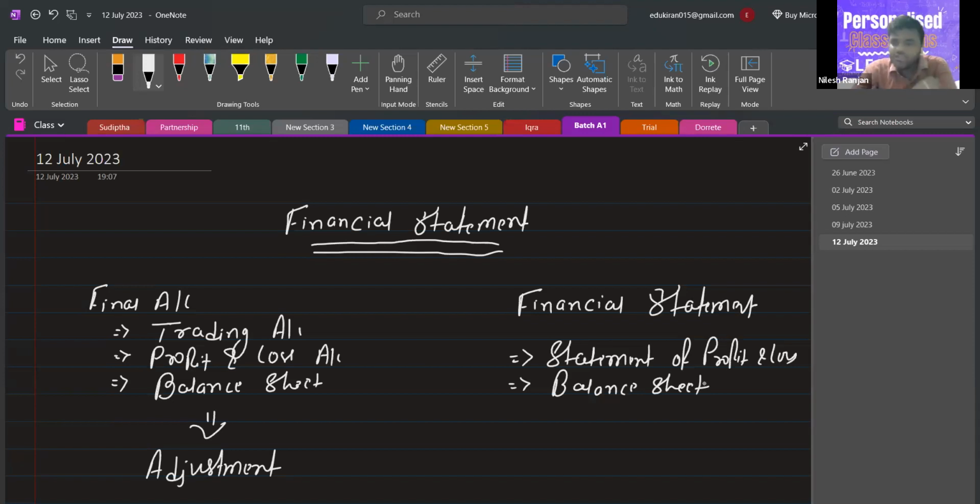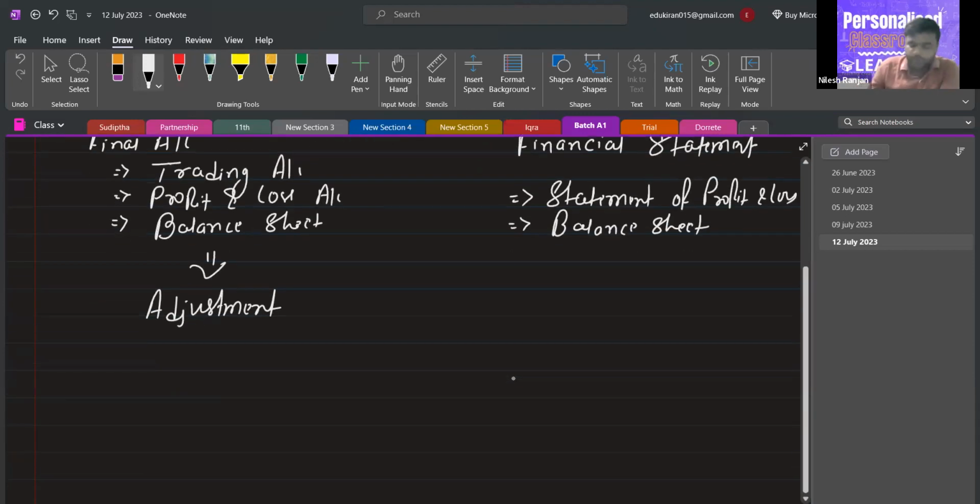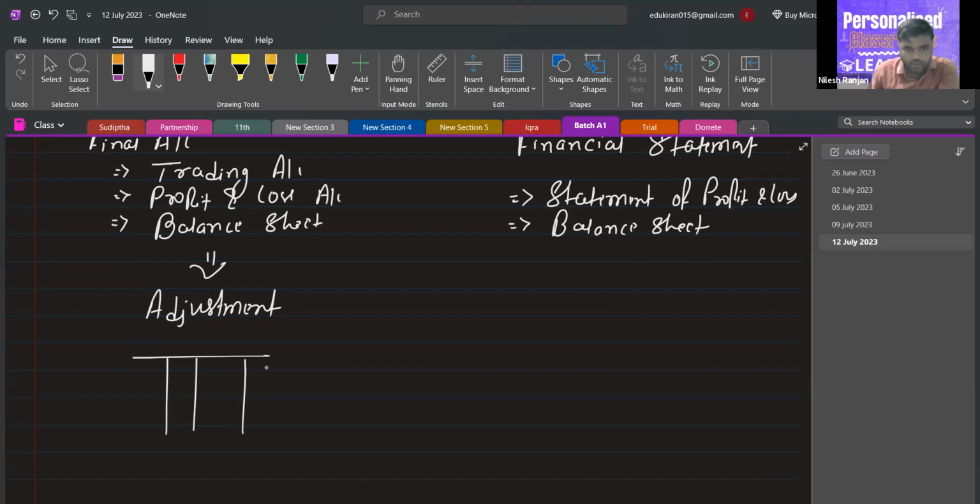Now, balance sheet is similar in nature, but the format is changed. We were preparing our final account in horizontal format. This was our format of all the accounts like trading account, profit and loss, balance sheet, all.